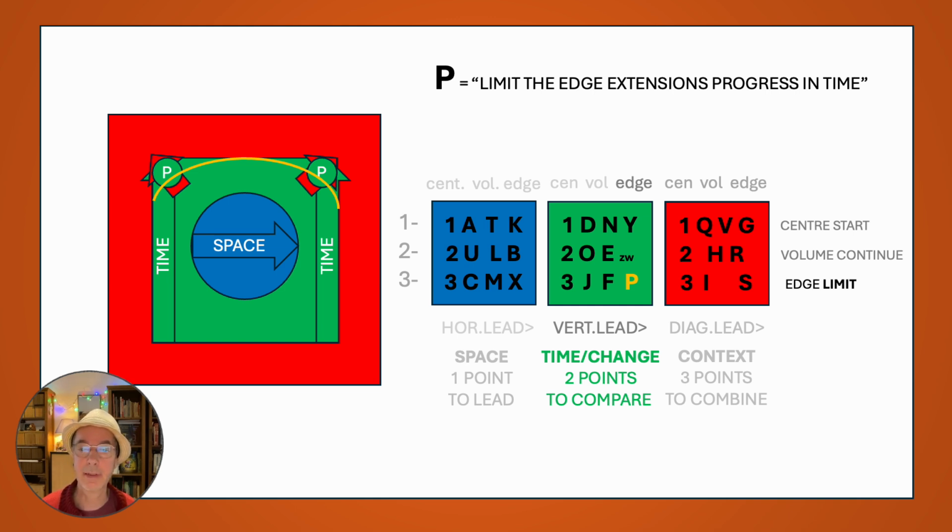So the P is at the border, with 2 positions always in timing, 2 points to compare. So we have a timing with 2 points to compare, which are both at the edges, and they hang together at the edges.